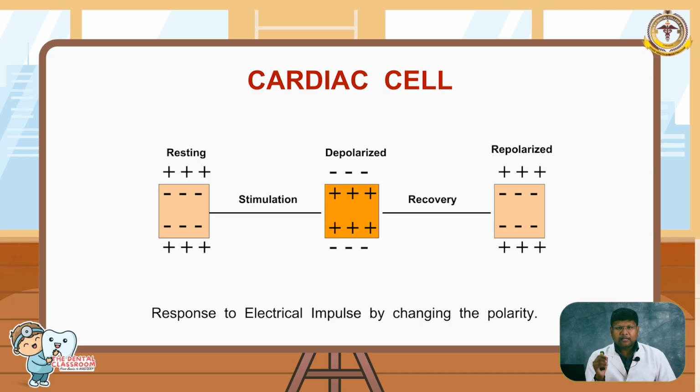And finally the recovery phase: once it has been depolarized, the cell has to undergo repolarization. This recovery phase is called repolarization, where you see negativity inside again and positivity outside. So this continuous response of an electrical impulse is recorded due to the polarity.